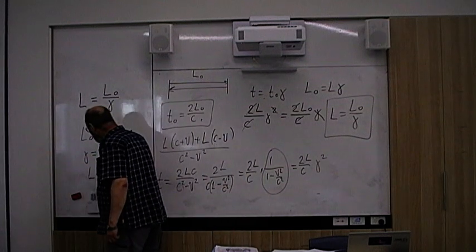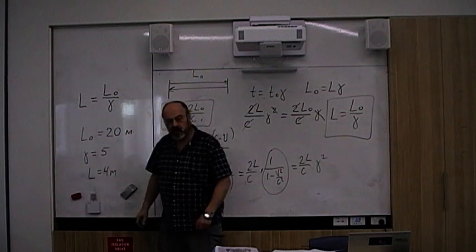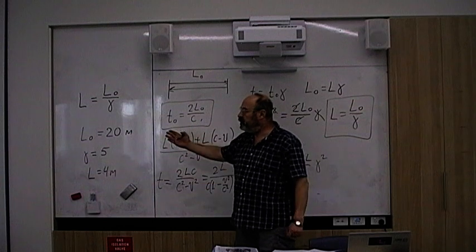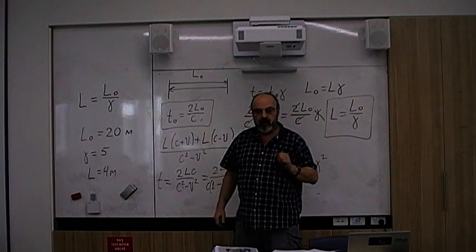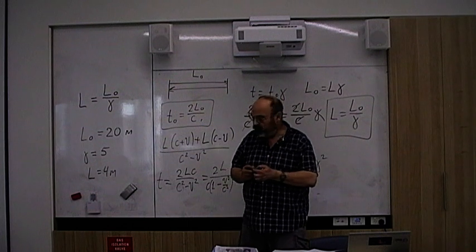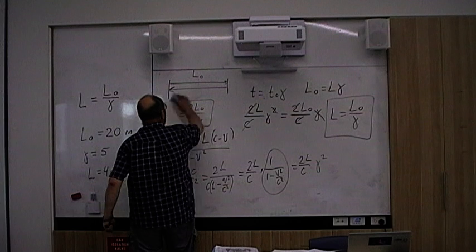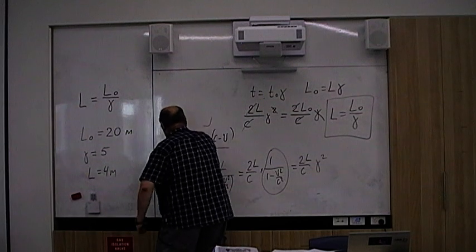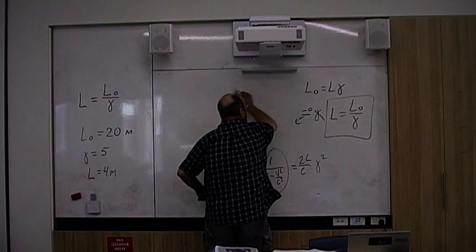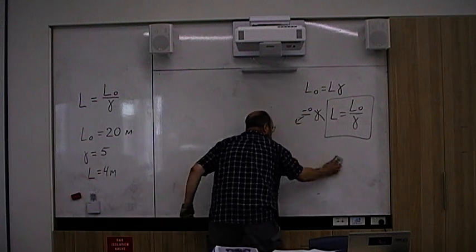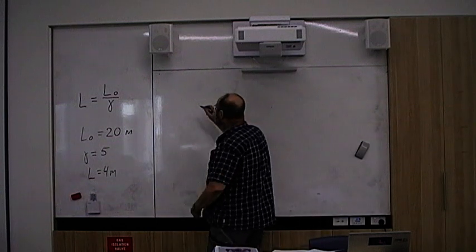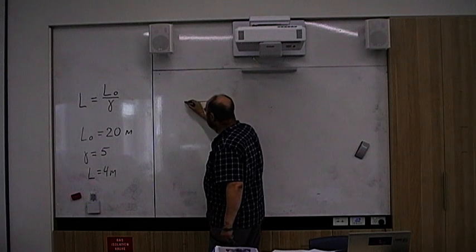Your friend will measure that your spaceship is 4 meters long. For a stationary observer it will appear short. An important thing: it only appears shorter in the direction of the motion, so the dimensions of the object will be distorted. If you have, let's say, a cube.